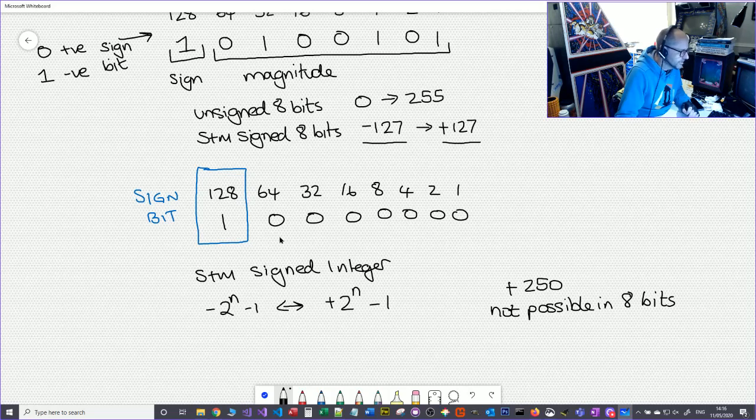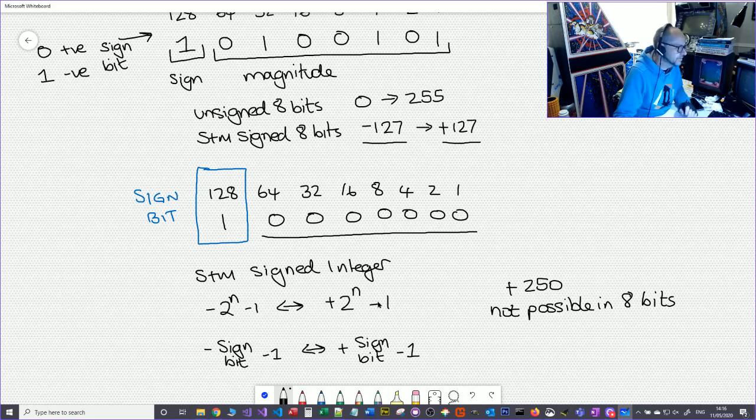So this is your magnitude part, but you know whatever the sign bit is, it's minus the sign bit minus 1, all the way up to plus the sign bit minus 1. The sign bit is 128, so it's 127. So you've only got to remember that information.